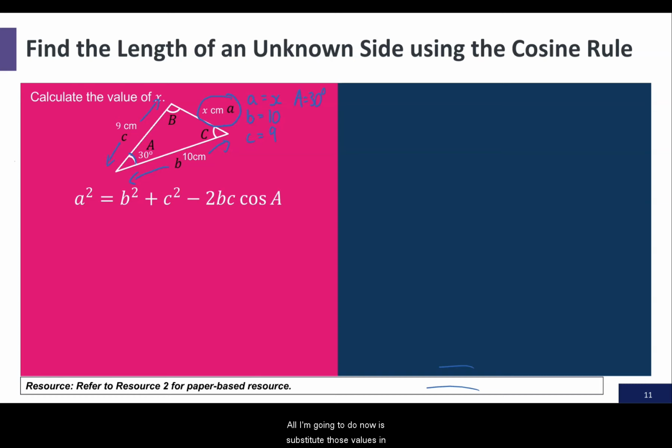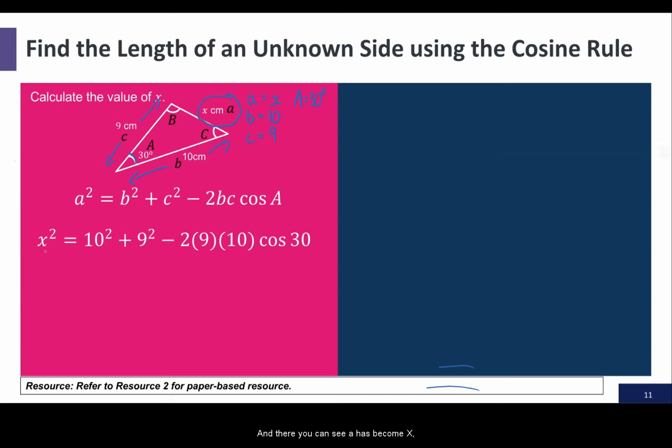And all I'm going to do now is substitute those values in blue into the formula. And there you can see a has become x, b has become 10, c has become 9. Then I've got 2 lots of 9 multiplied by 10 multiplied by cos 30. Remember, all of those are being multiplied together.